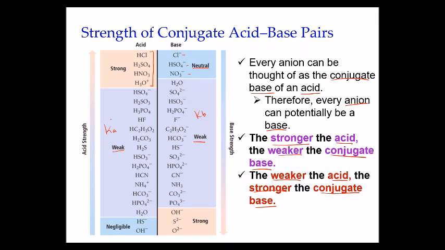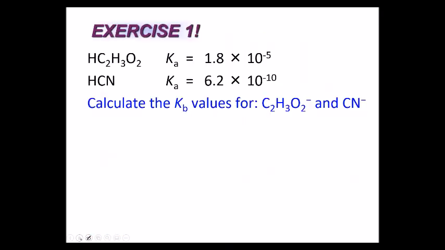Now, if the Ka value is a little bit stronger, that means the Kb value is going to be a little bit smaller and weaker. If the Kb value is the larger value, then that means the Ka value is going to be the smaller or weaker side. And then here, looking at the strong bases, and then negligible, also putting in that neutral category of not being very strong.